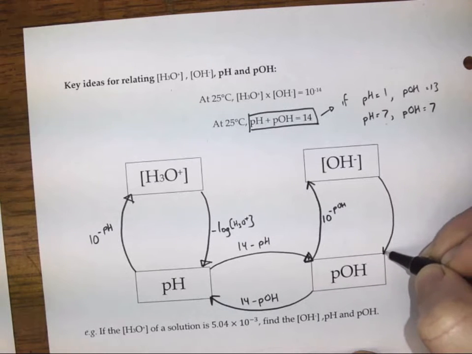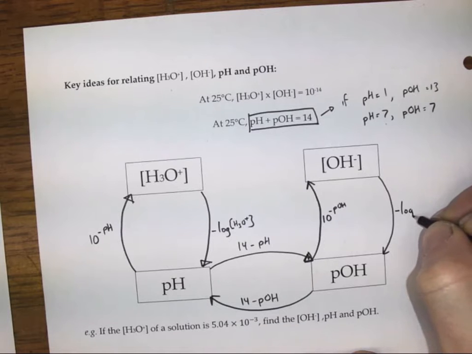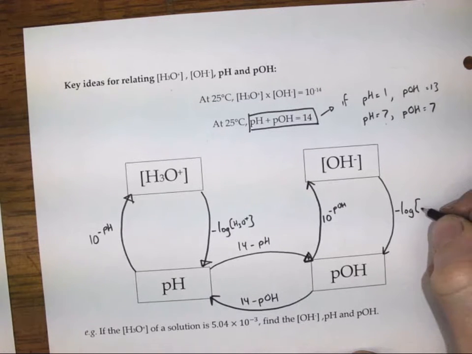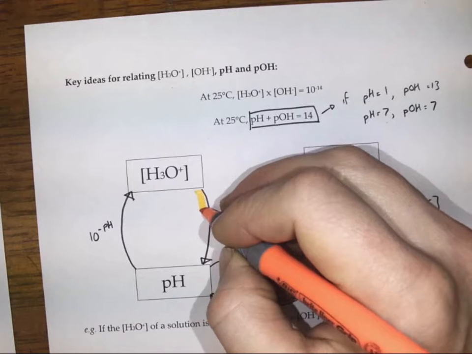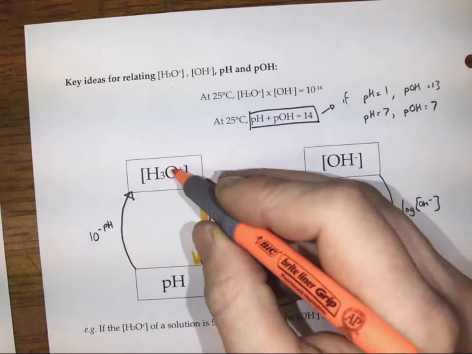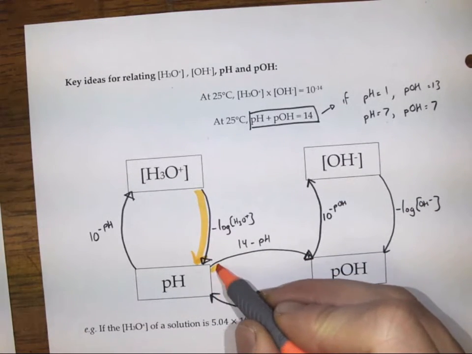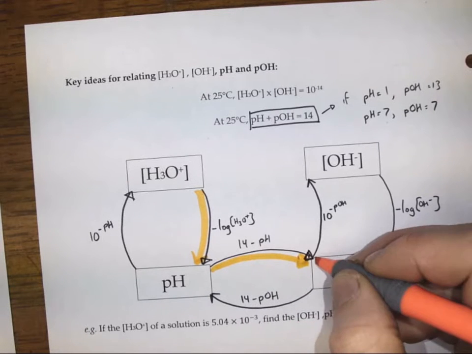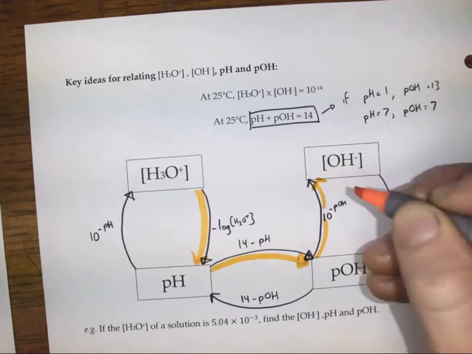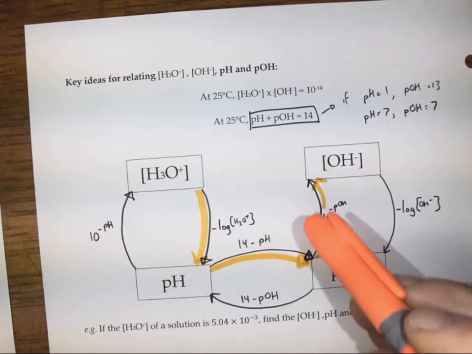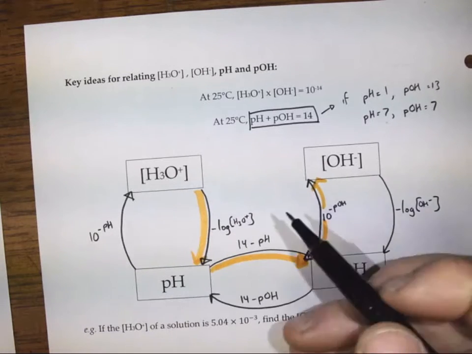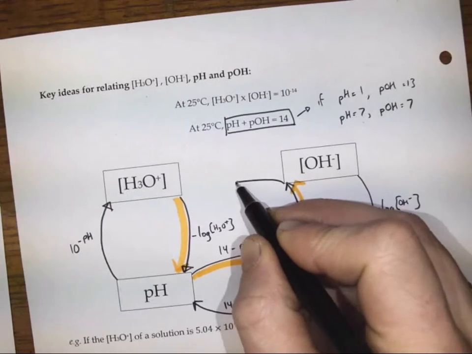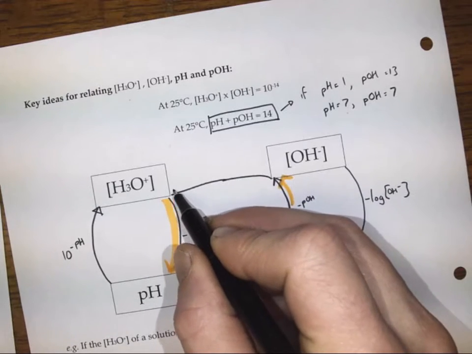And again, when we reverse, we go negative logarithm of our hydroxide concentration. Okay. So this is our inner path. This is going in one direction as we go from hydroxide ion concentration to pH. We can go from pH to pOH. We can go from pOH to hydroxide concentration. Now, we could probably go from hydroxide ion concentration to hydronium ion concentration. And we can, but in order to do that, we need to know one other thing.